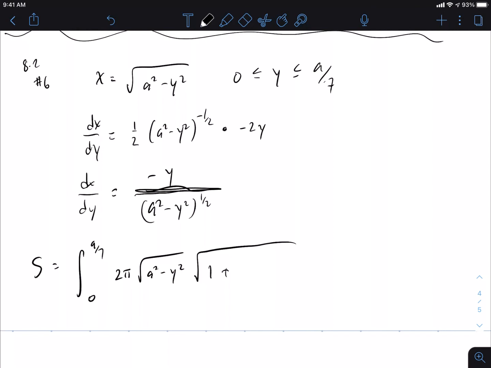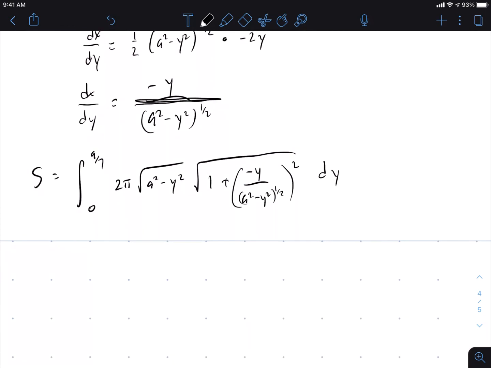Agreed? Okay, so then that's going to give me negative y over a squared minus y squared, to the 1/2, that whole thing squared. And then, of course, this is going to be dy.